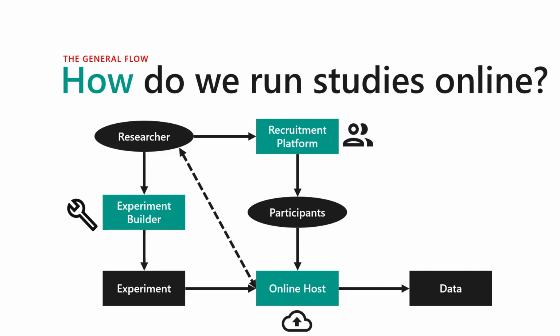So what we have is the researcher, which is us. And what we do is we use some sort of tool to create an experiment. In the lab, there's a large variety of tools available, but online this is even exaggerated. So there are many tools available to create online experiments.